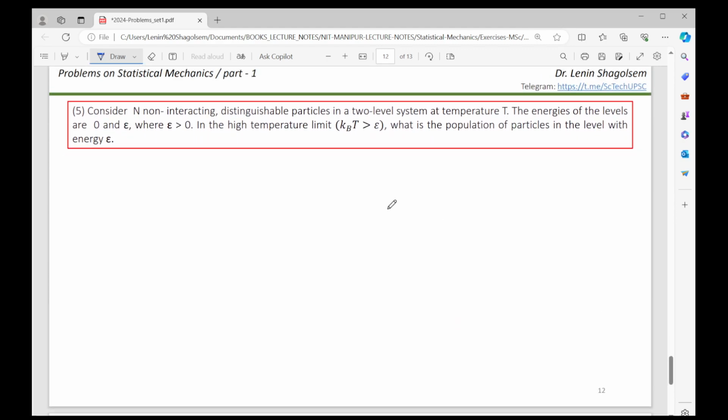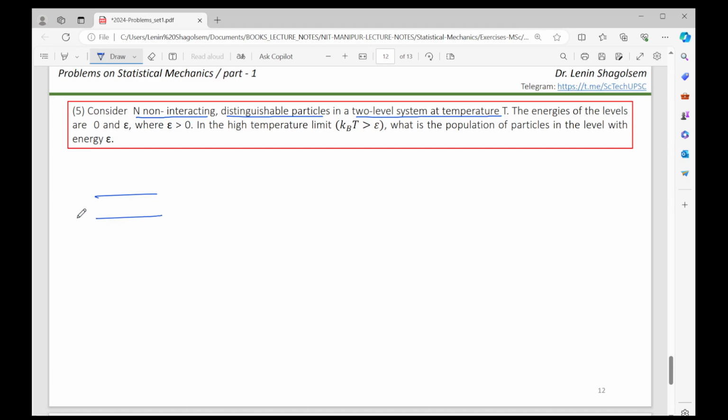the calculation of the fraction of number in a particular energy state. You see here the question is, we have n non-interacting distinguishable particles in a two-level system at temperature T. Okay, so it's the same problem.